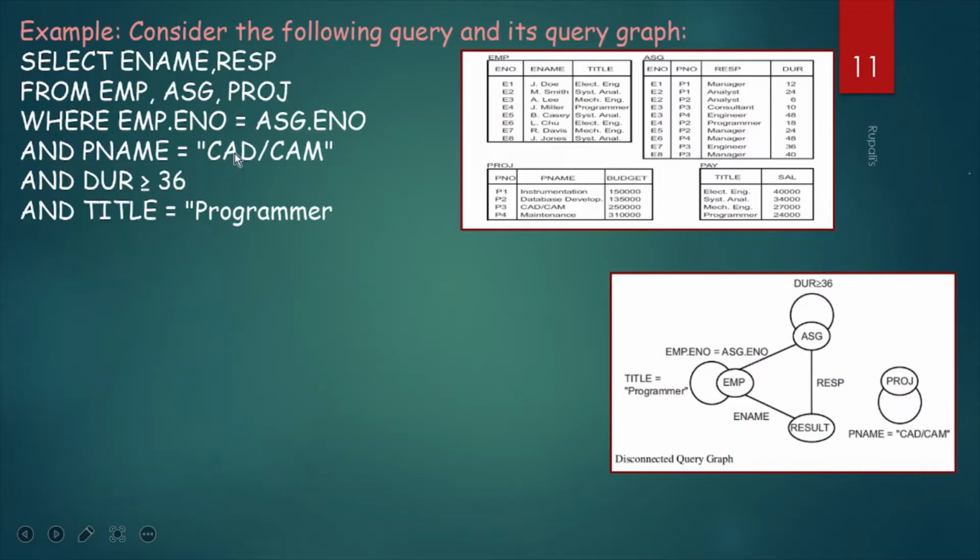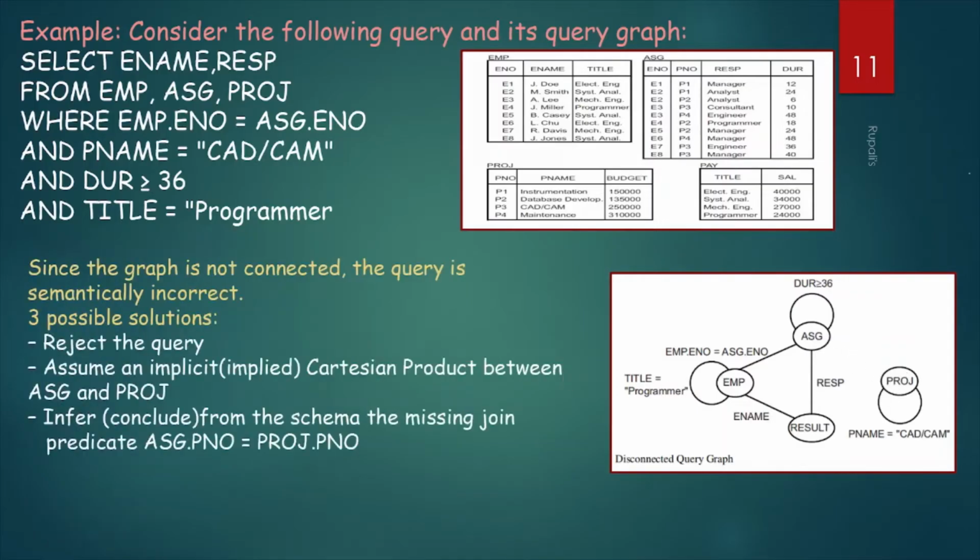And pname equals CAD or CAM, a self loop. And duration greater than 36, and title equals programmer. Now see, there is no join between ASC and project table. Since the graph is not connected, the query is semantically incorrect.